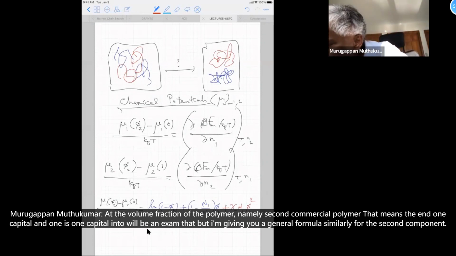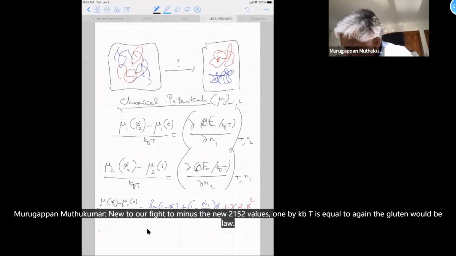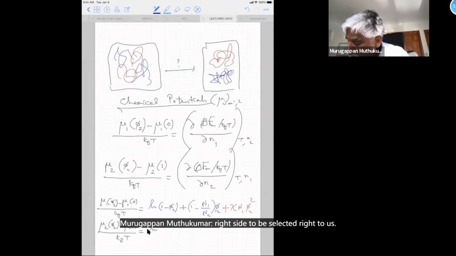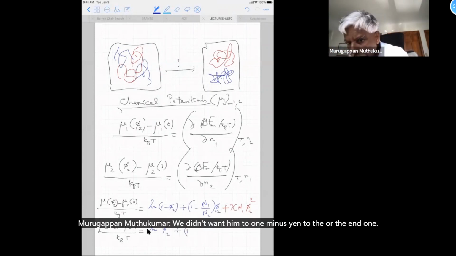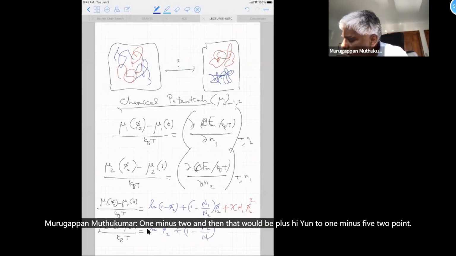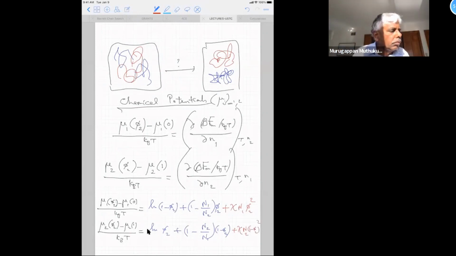Similarly, for the second component, mu2 at phi2 minus mu2 at 1, phi2 value is 1, by kBT is equal to, again, the blue term would be log phi2, it's symmetric, plus 1 minus n2 divided by n1, times 1 minus phi2, and then the red term would be plus chi n2 times 1 minus phi2 squared.